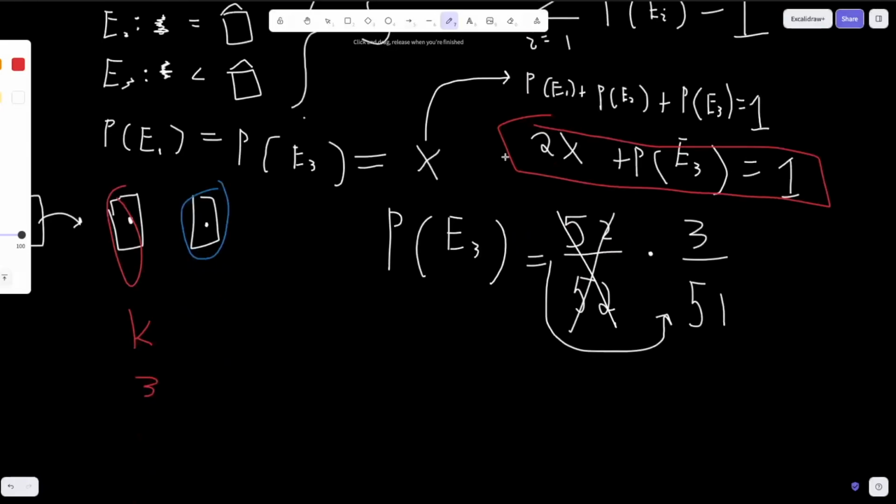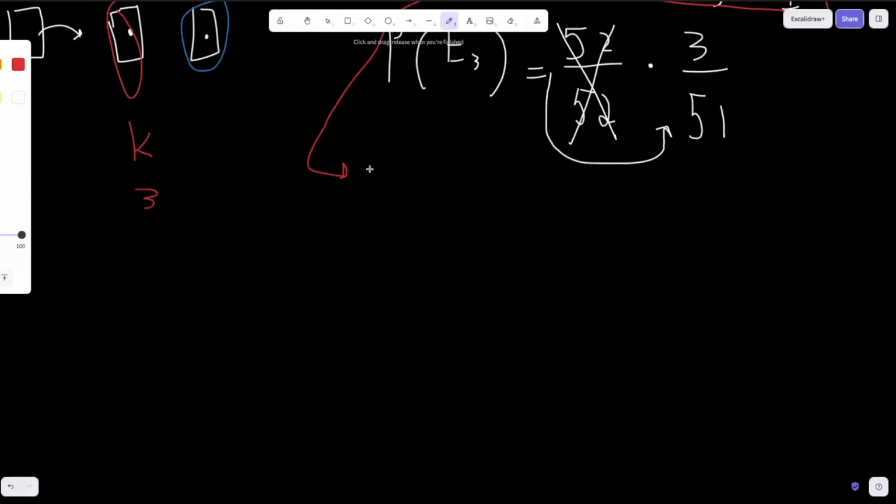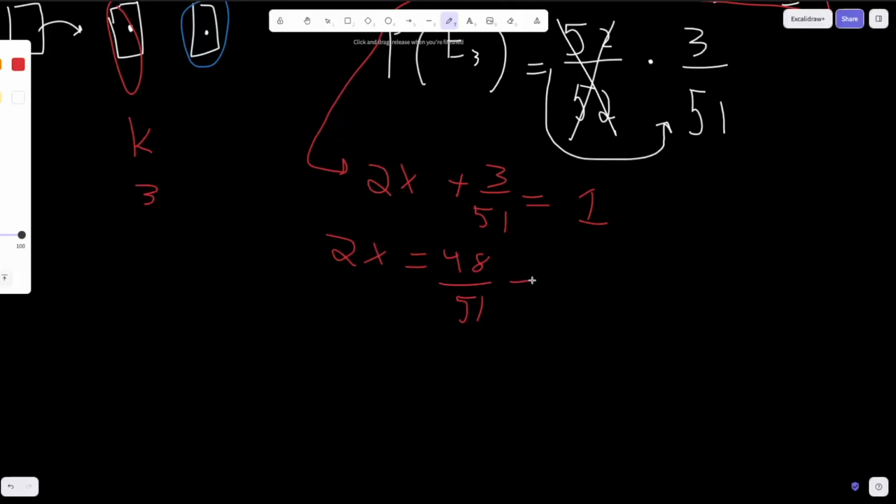So we're now going to bring that, sorry if that made anyone nauseous, we're going to bring that down here, okay? 2x plus 3 over 51 is equal to 1, okay? So then 2x is equal to 1 minus 3 over 51, which is 48 over 51.